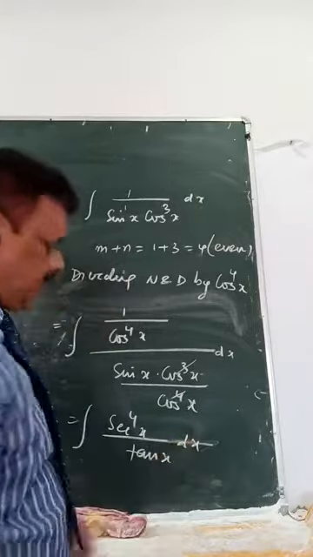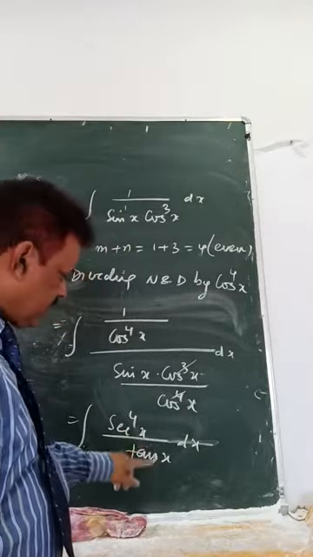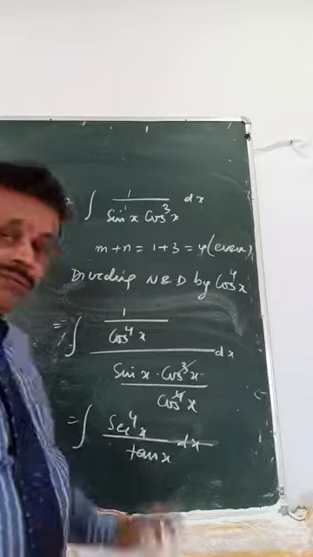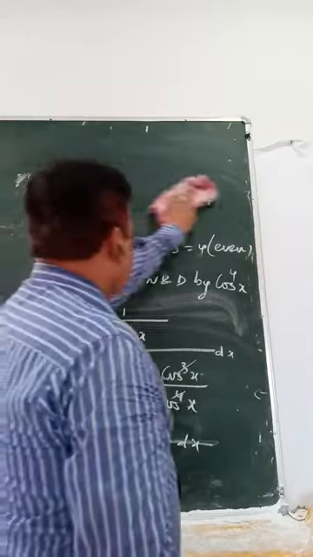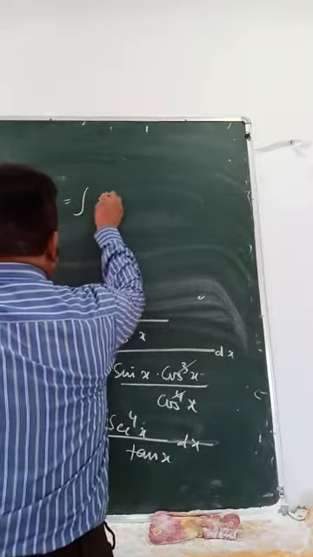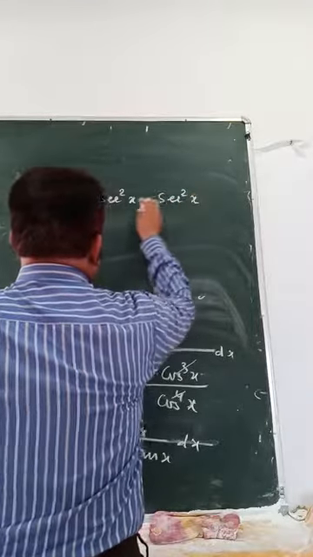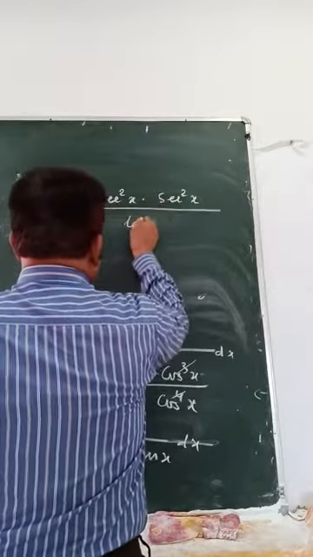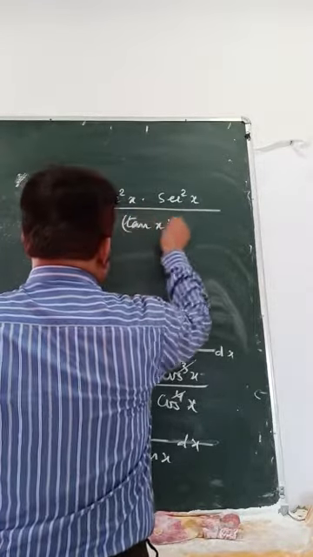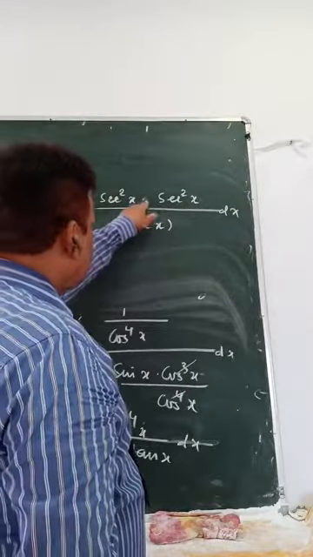Okay. The problem is now the derivative of tan is sec square x, but here you are finding sec 4x. So you have to split into two parts. How will you split? It will be sec square x divided by tan x. Okay, the derivative of tan is sec square x, but it is multiplication.